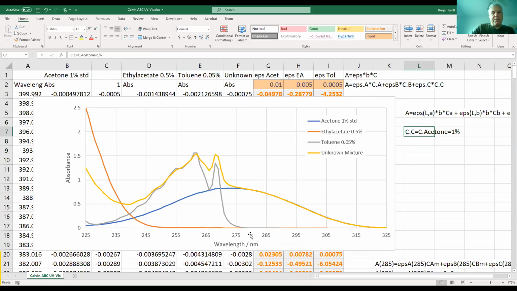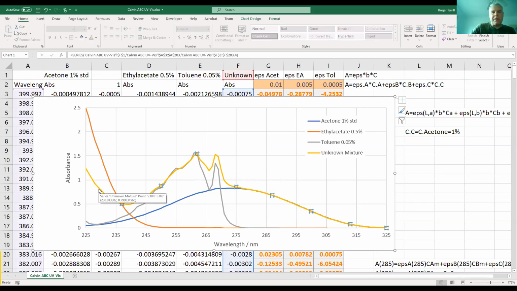This is just how we look at it, right? So then what wavelength might we use to assess the amount of toluene in this mixture that's represented by the golden spectrum here?